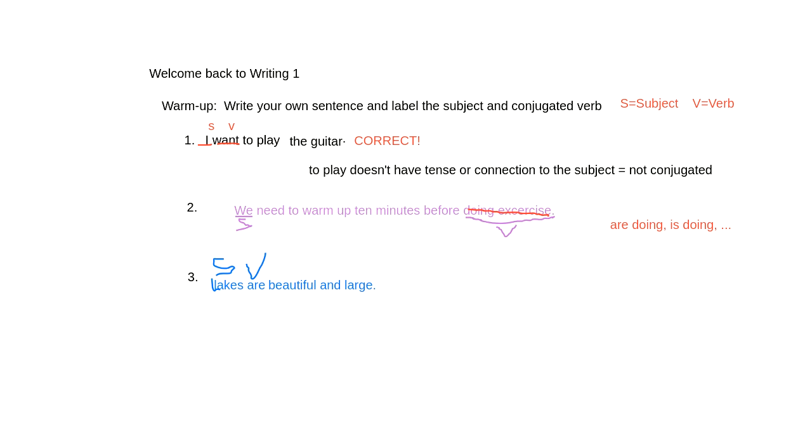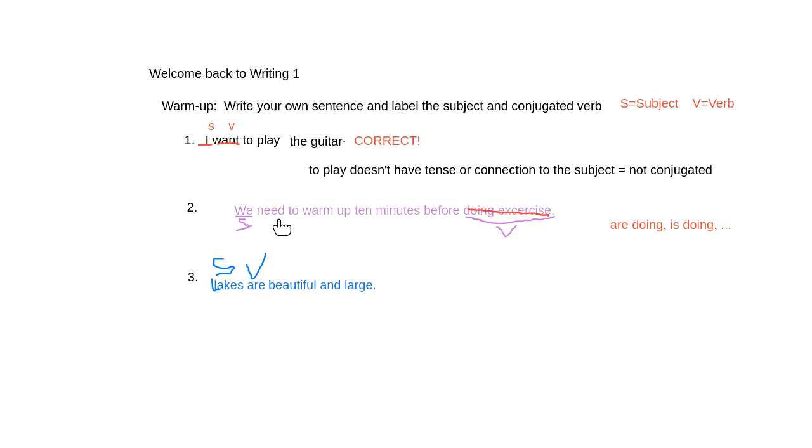So if this is conjugated, we would have to have we and then are doing exercise. We are doing exercise. That would be this sentence. Okay, so that's a good try. You find something that looks like a verb, but it's actually not conjugated.